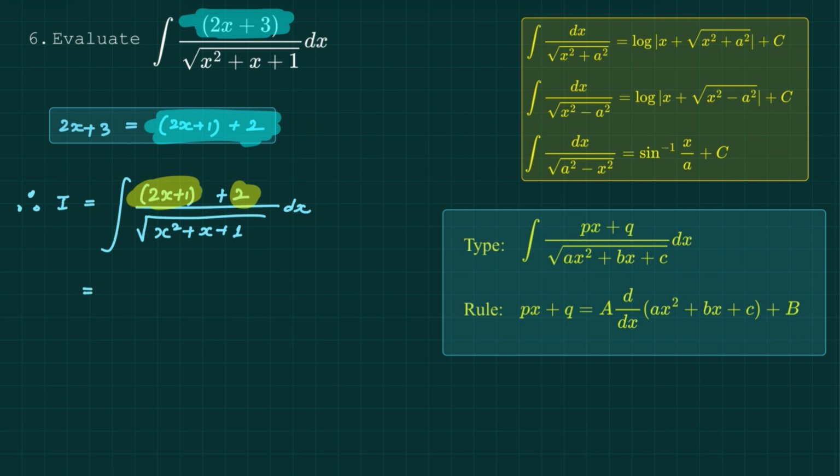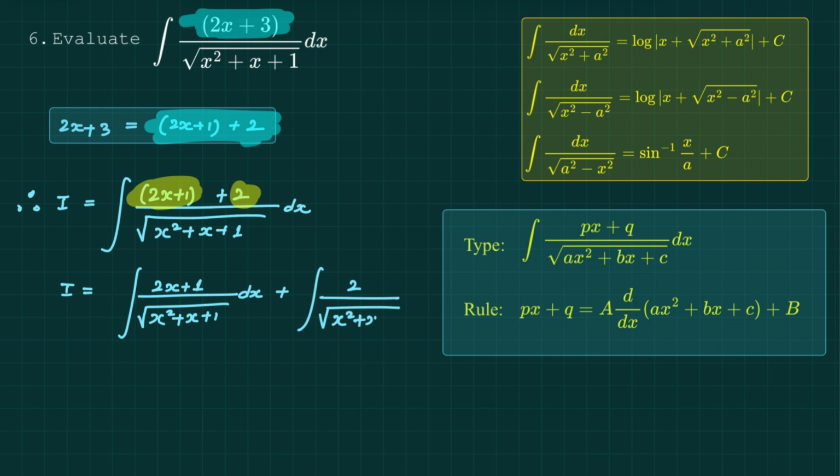So it will be the integration of (2x plus 1) divided by the square root of x square plus x plus 1 dx, plus the integration of 2 over the square root of x square plus x plus 1 dx.